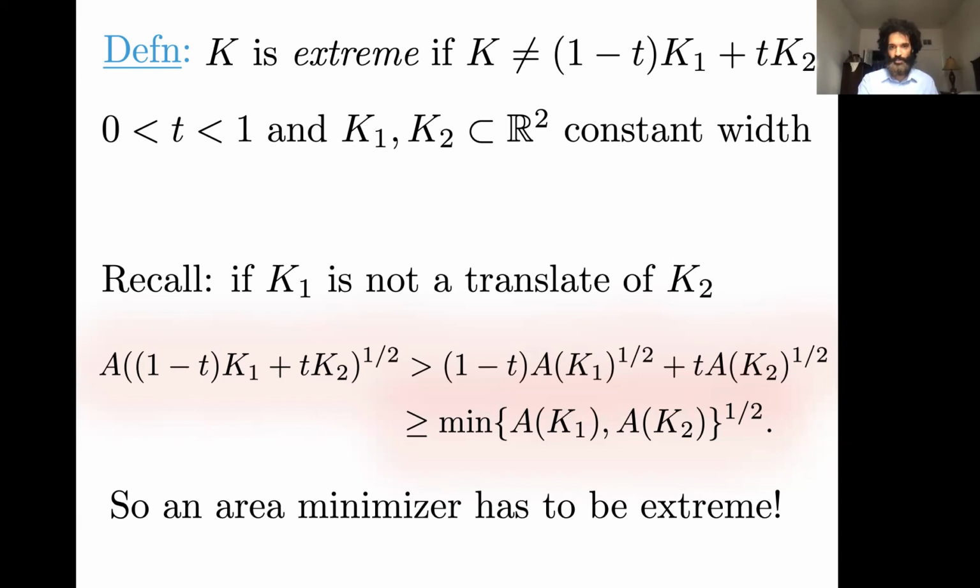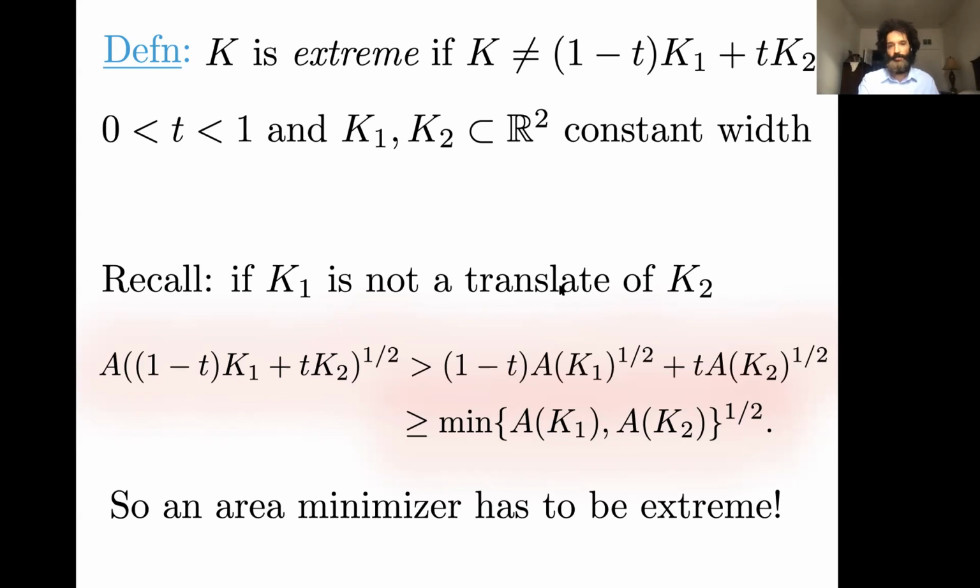And so what I mentioned again, but probably I should drive it home, is that if you give me a convex combination of constant width sets, well, by Brunn-Minkowski, I have this lower bound. And when I stated the equality condition for Brunn-Minkowski, I said up to a dilation factor, but if I dilate a set of constant width, the only way it will remain a set of constant width is if that dilation is of size 1.